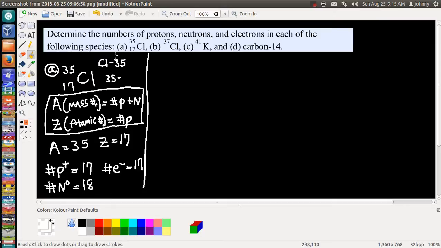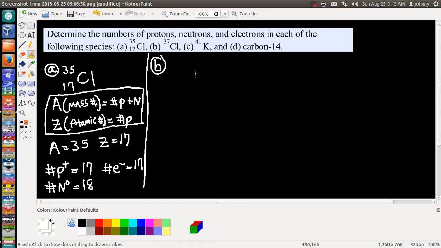So if you ever see a dash 35 or 35 chlorine, then that's what they're getting at. They're telling you that it's an isotope, meaning it has multiple versions of itself. Anyway, sorry I had to go on a tangent there, but I wanted to address that. Now species B, we have a different isotope of chlorine. That's why I brought that up.